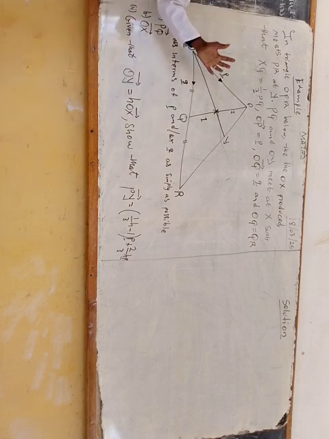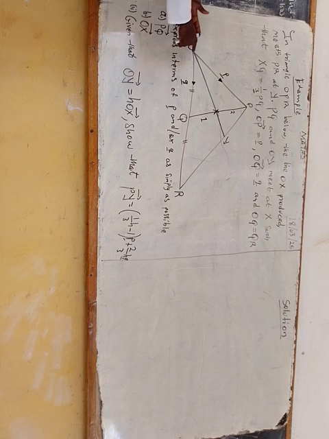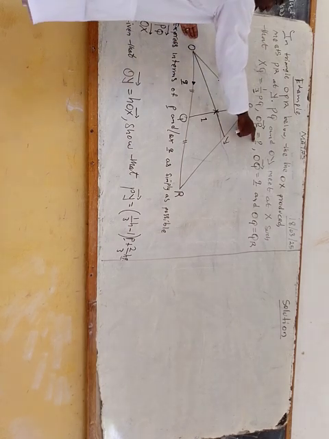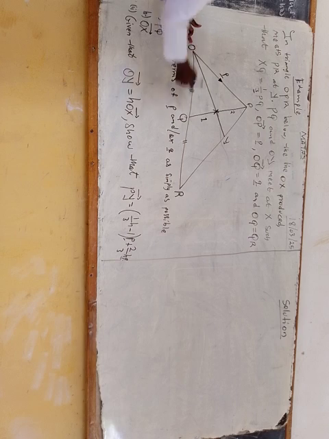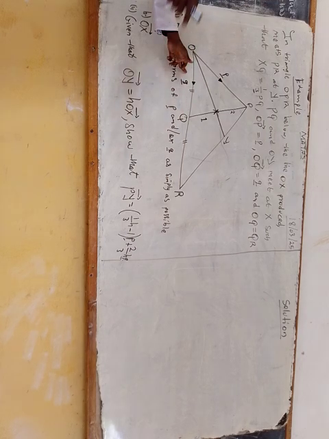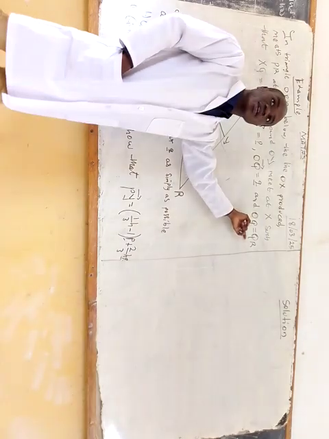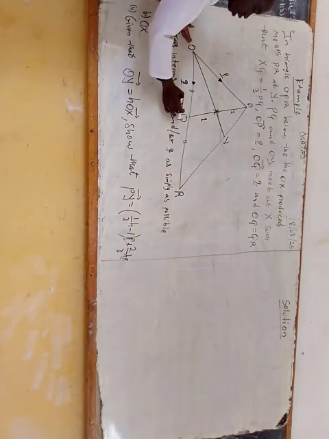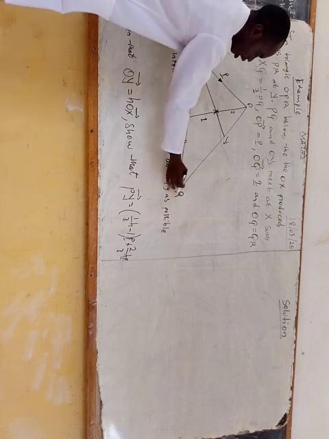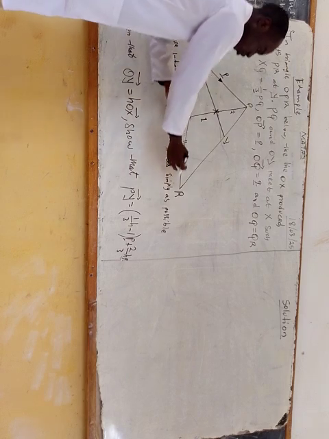So that's why we can express this one as 1/3 of PQ. Clear there? Then we go to OP. We've been given OP is vector P, OQ is vector Q. But again, there is this last point saying OQ is equal to QR. Very important. What does it mean if OQ is equal to QR?